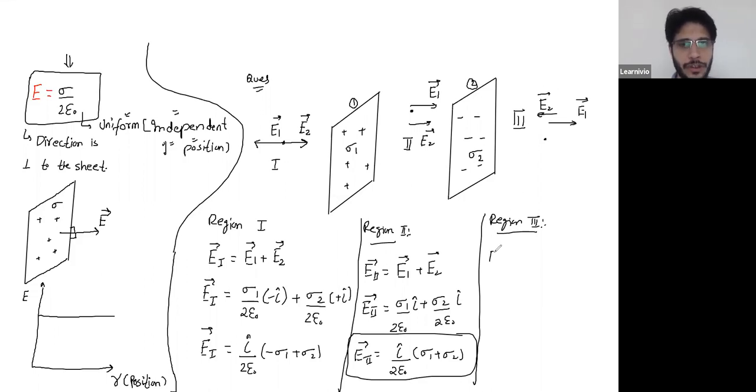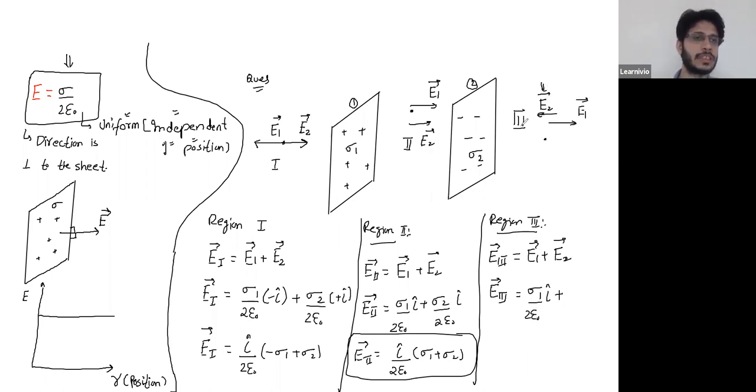So in region 3, the net field is the vector sum of E1 and E2. The field E1 is sigma 1 over 2 epsilon naught, direction is along the x-axis, so that's I cap.